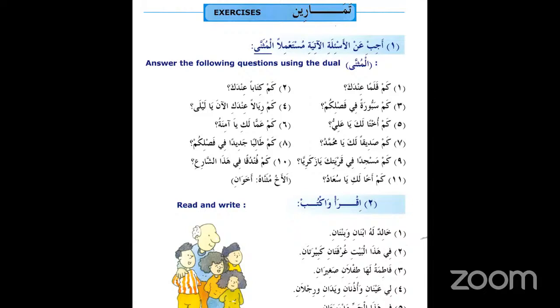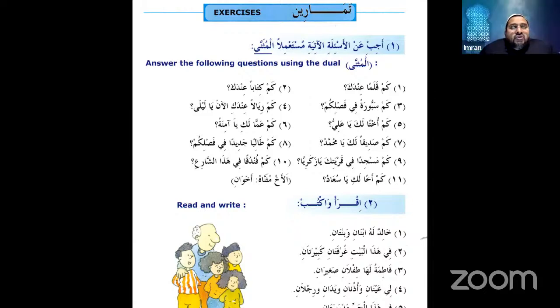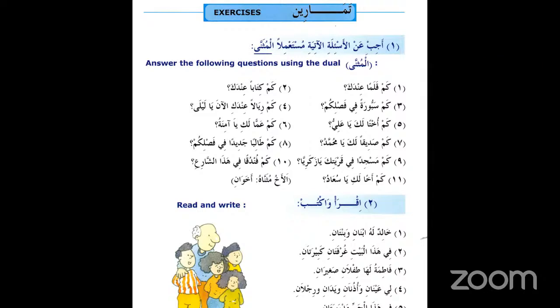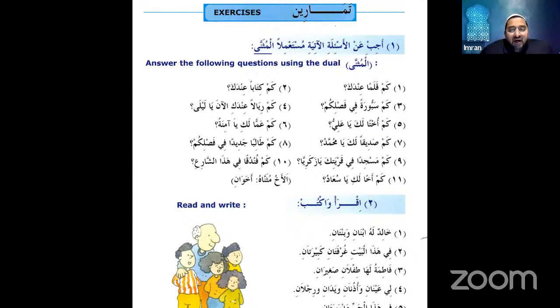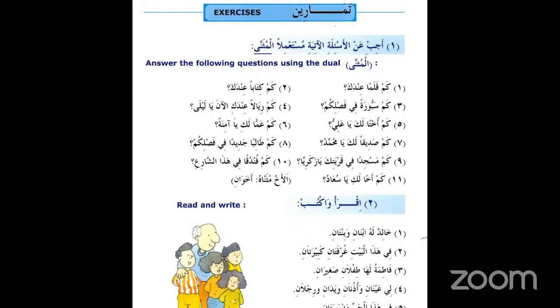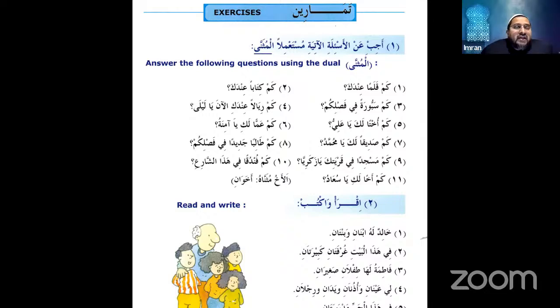There's no need to say "in the who." When you say fi faslina, in our classroom. Saburatani. Correct. So I don't use "in the who" here. If the question has "in the who," then you can use it. But here it is kam sabura fi faslikum. So when you say fi faslina, it already indicates context.